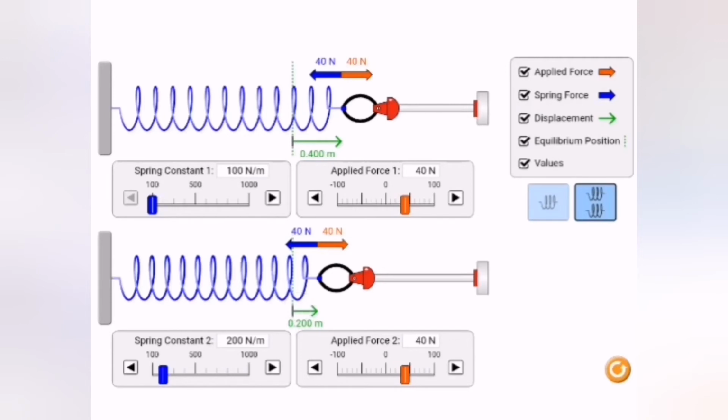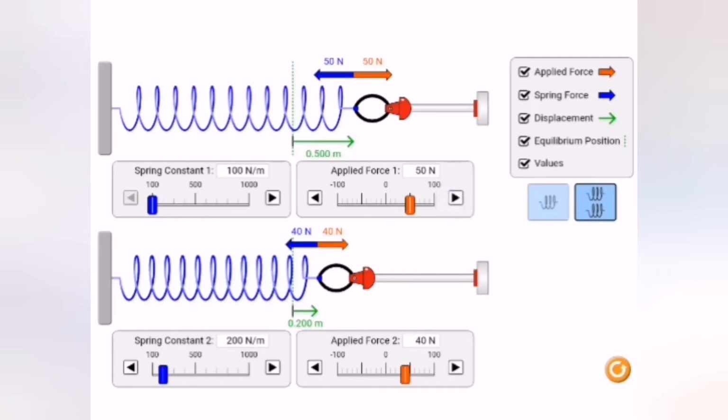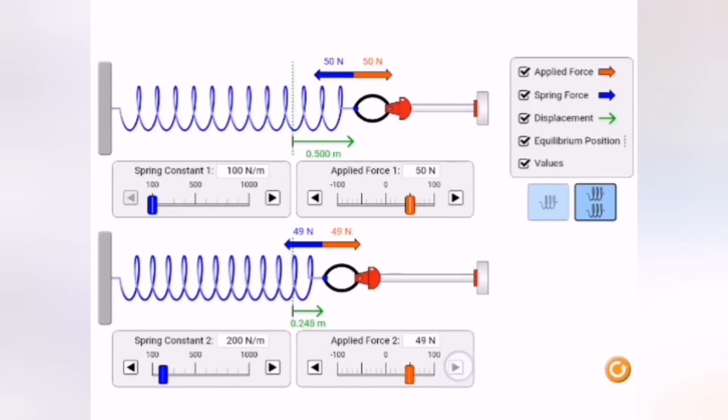Next, we put 50 Newton force on both spring, this one 50 Newton and this one 50 Newton. 100 Newton per meter spring constant will get 0.500 meter displacement and 200 Newton per meter spring constant will get 0.250 meter displacement, this one and this one.